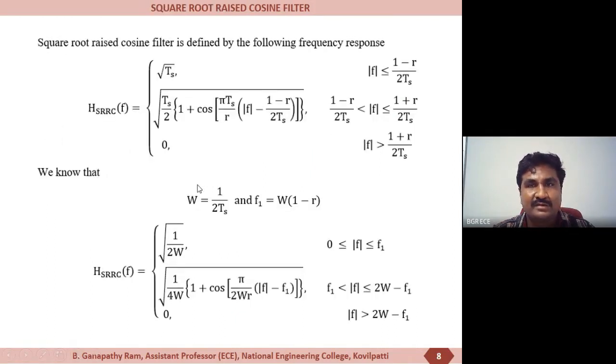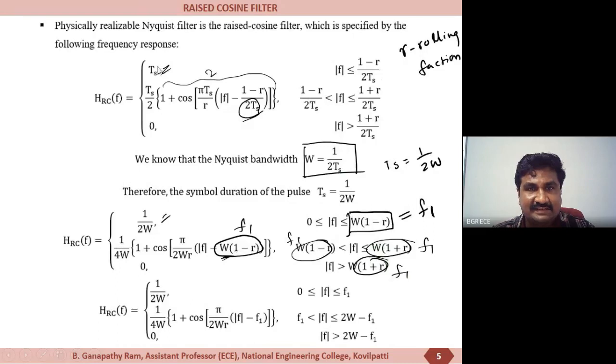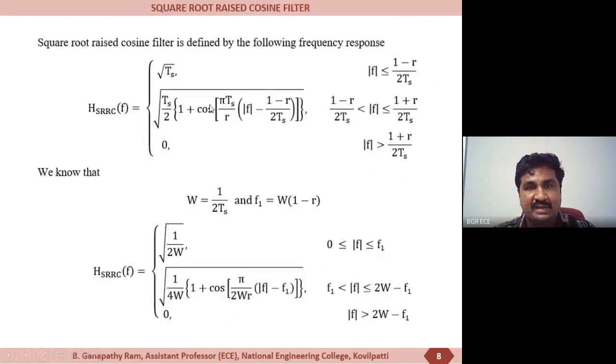Then a square root raised cosine filter. Here the frequency response is the square root of the raised cosine filter. Here if it is Ts in the raised cosine filter, it is root Ts in the square root raised cosine filter, and the second term is also a square root.